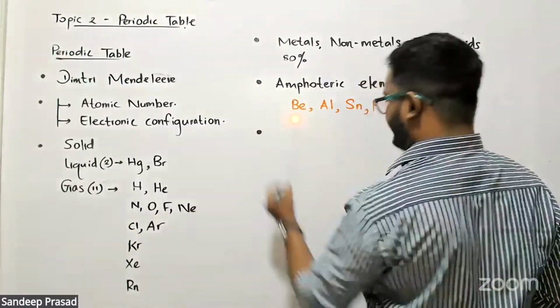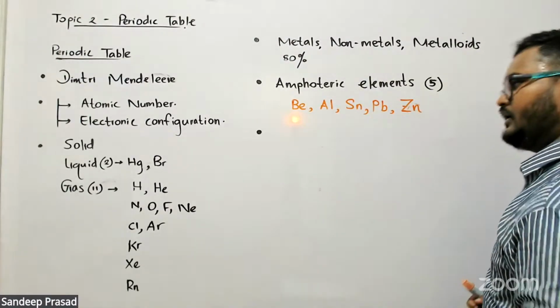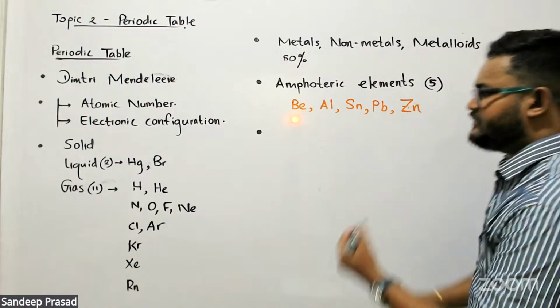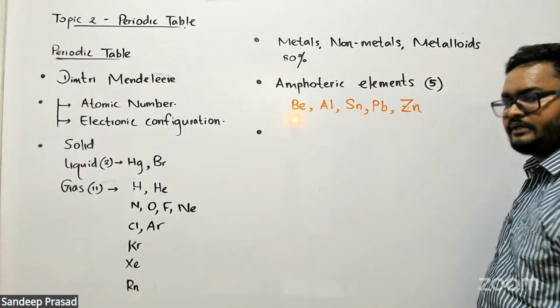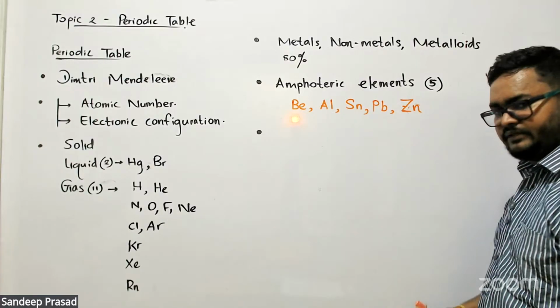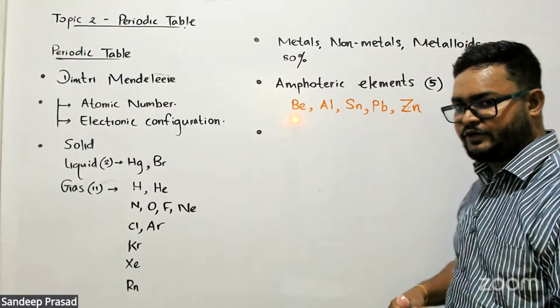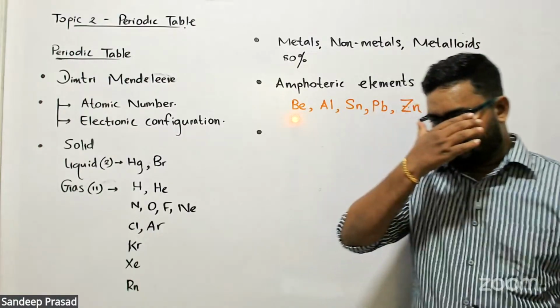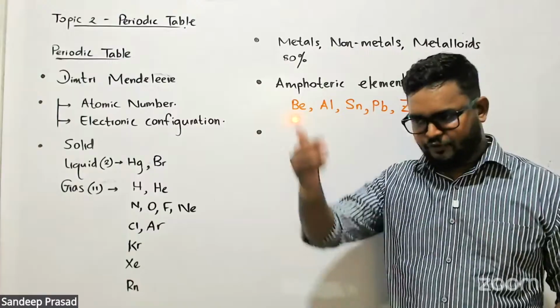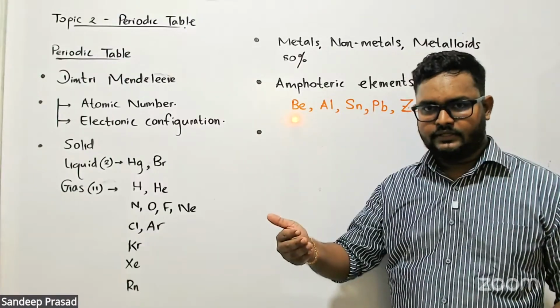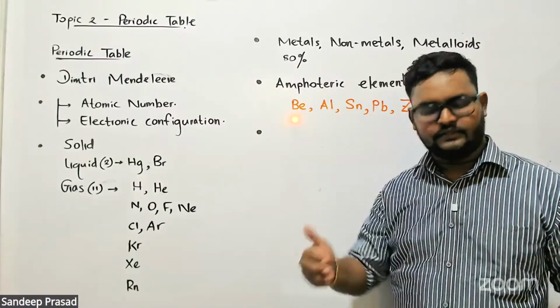Okay, the next thing. When you consider the periodic table, what do periods and groups mean? We know that period means the rows in the periodic table. If you consider the modern periodic table, how many rows are there?